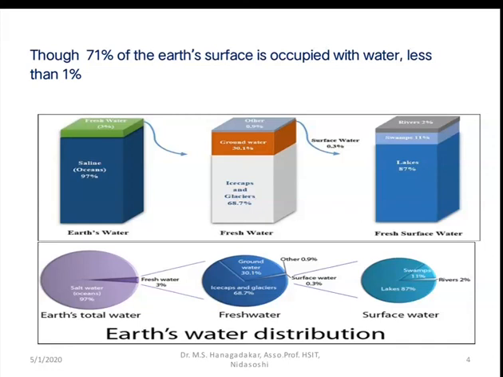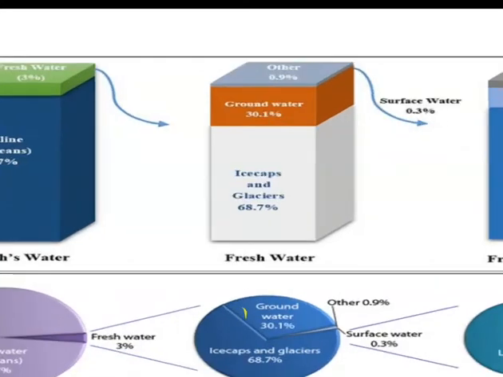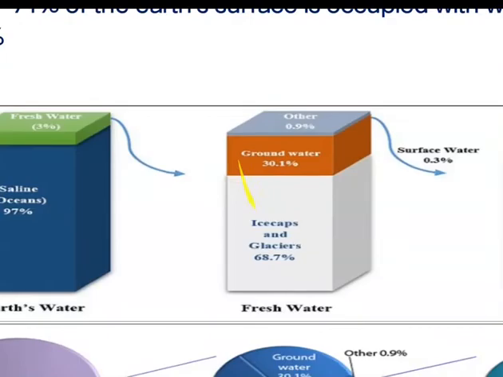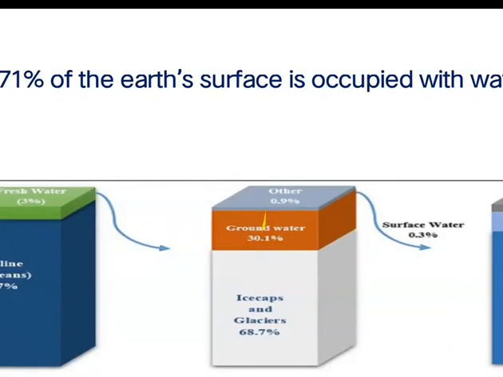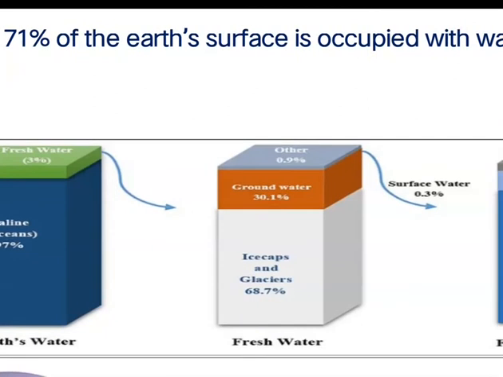Let us see what we can highlight in this graphical representation. Earth's water, as I told you, 71% is covered, but the availability of water for our usage is very less, less than 1% only.